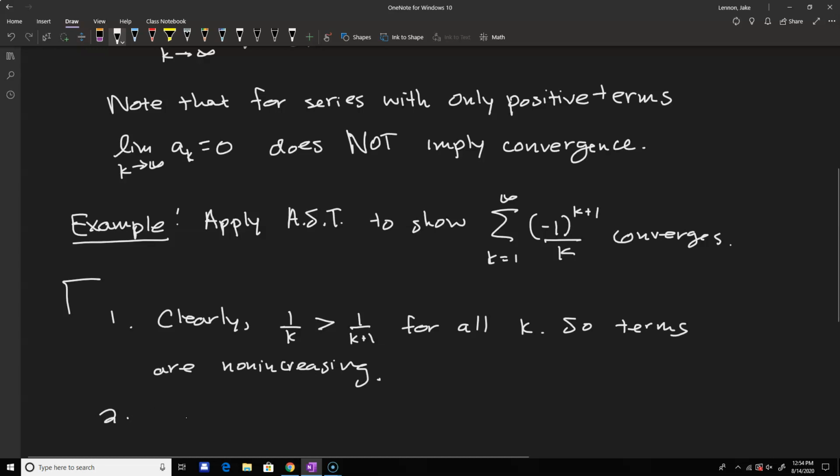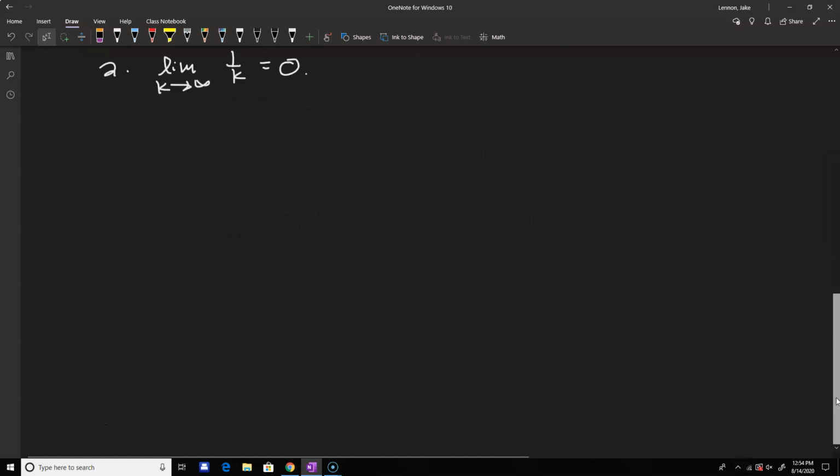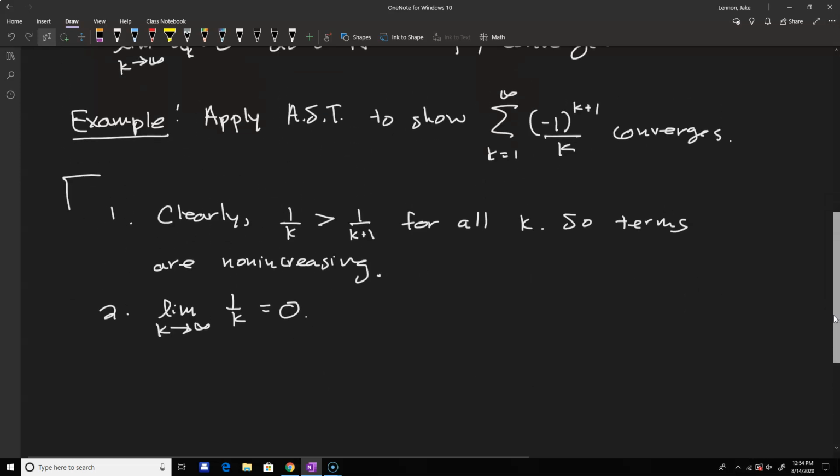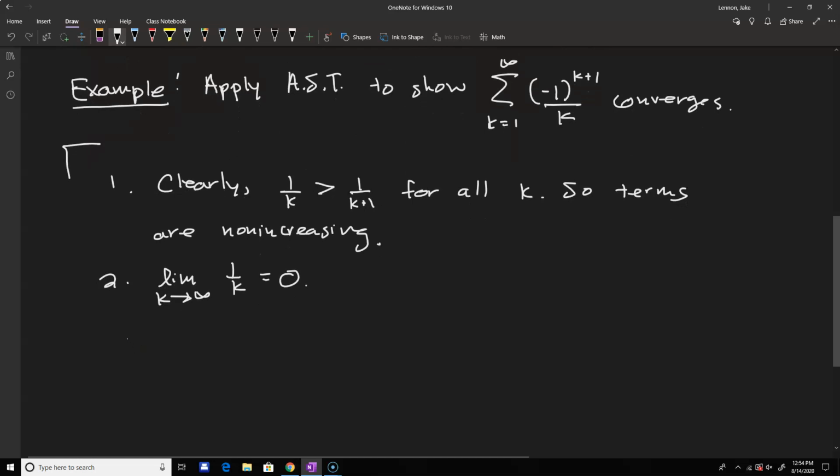And then 2, the limit as k goes to infinity of 1 over k equals 0. So by the alternating series test, this series will converge. So hence, by AST, the series converges.